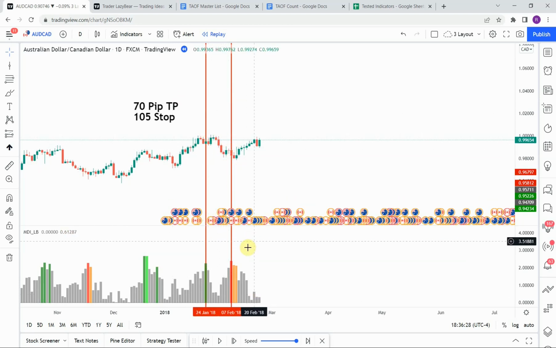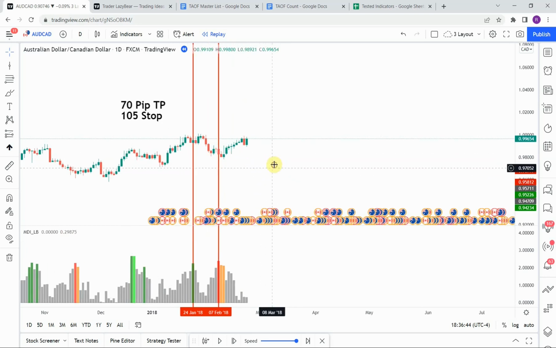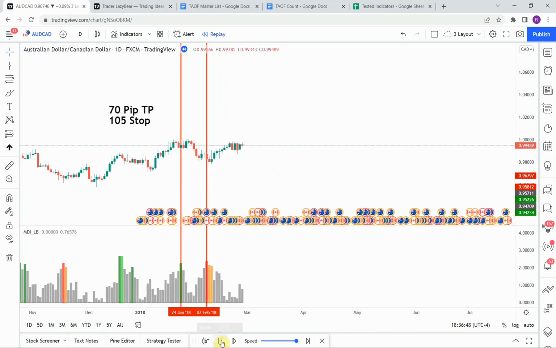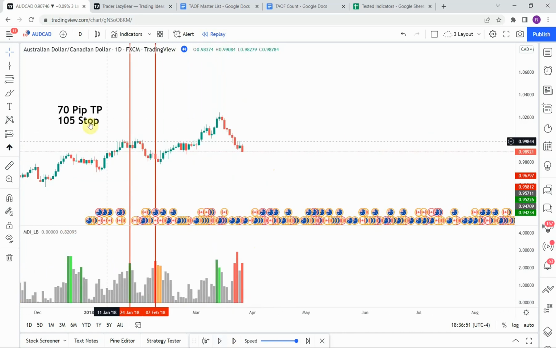Here it comes down, again a series of those gray bars, before we then pick up a red bar right here. We get one little bar pushing to the downside there, and then almost immediately a strong push back to the upside, which will stop us out on that short right there. Let's go ahead and continue on.